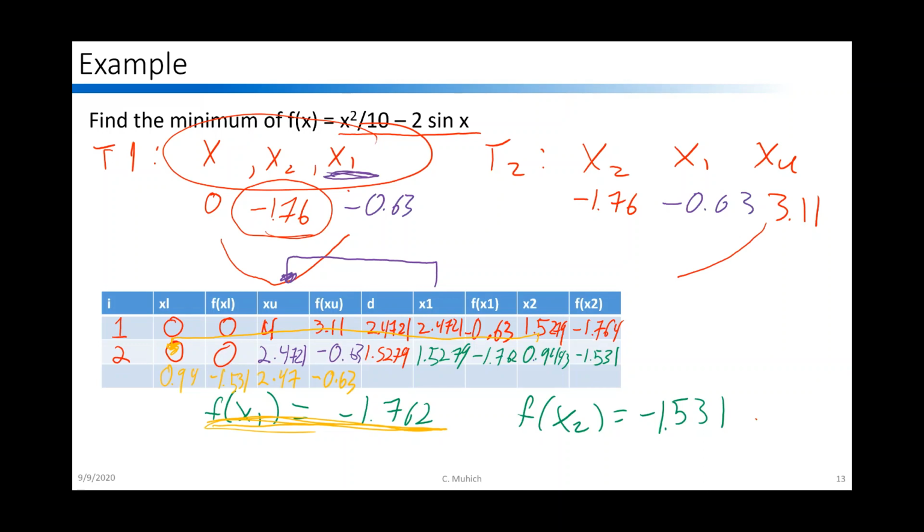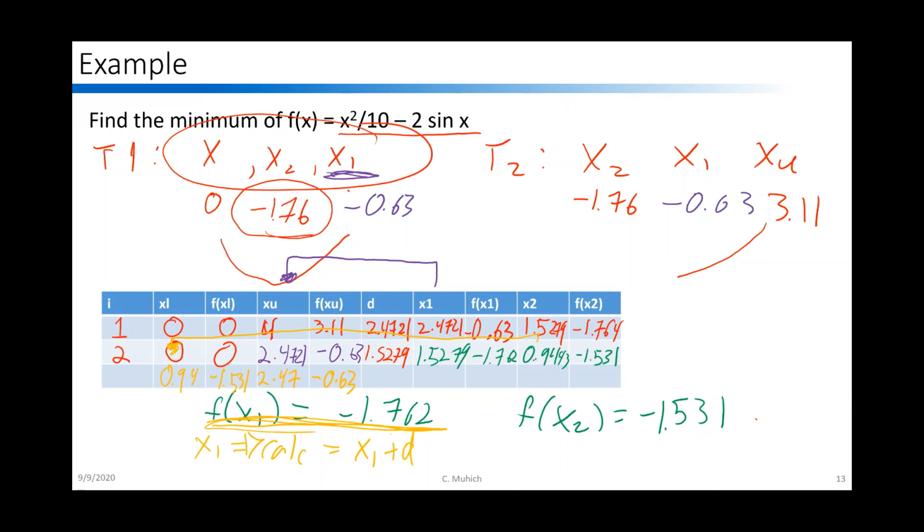And we now go to x1, which we're going to need to calculate using xl plus d.